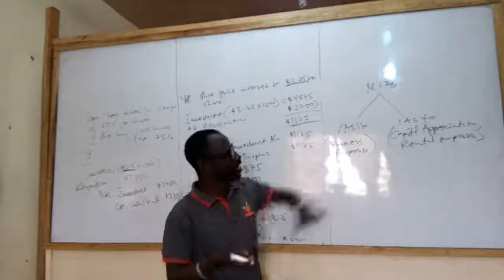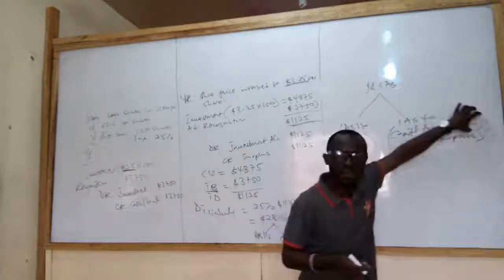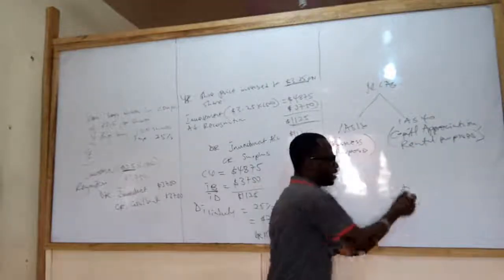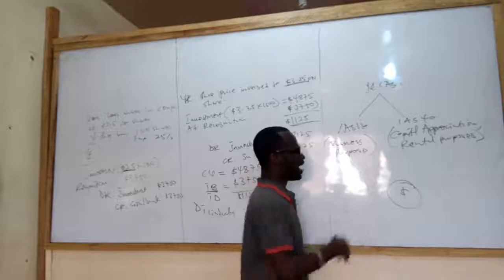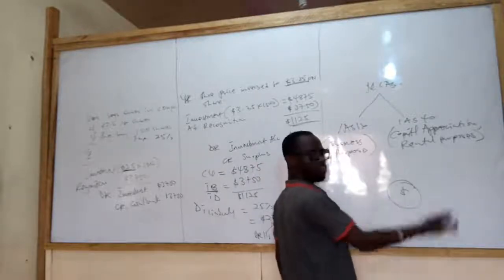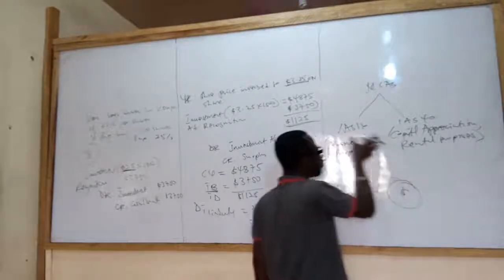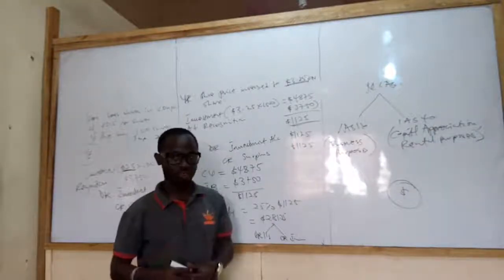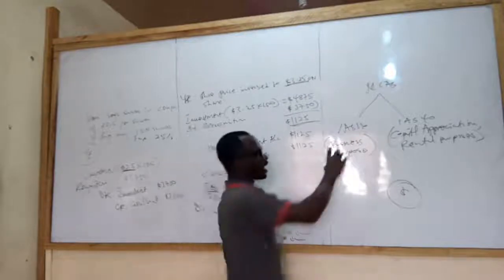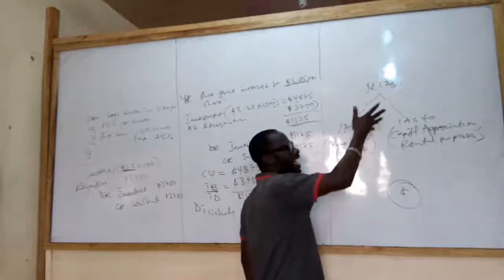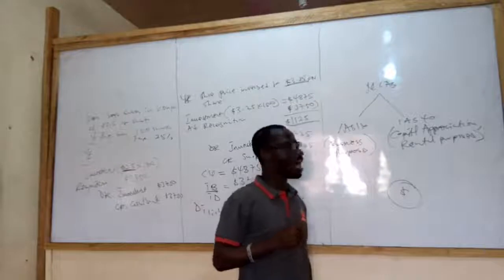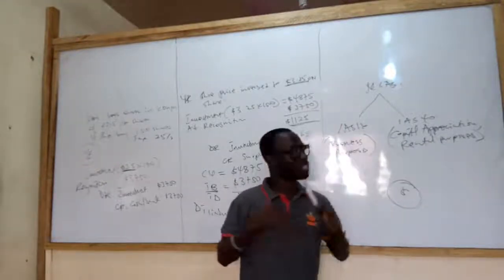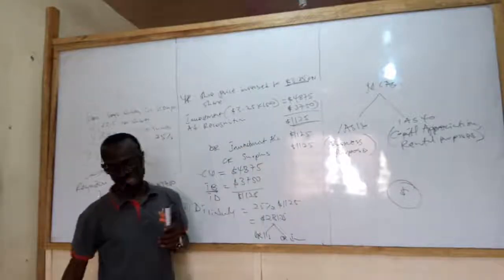In that case, like you buy a land today, the business buys land and they just have the land, they have not developed the land for anything. That land is not used for business purposes, so that land will be accounted for according to what? IAS 40. So if the objective is not for business purposes, then it will be accounted for according to IAS 40. So either capital appreciation or rental purposes, then it means that it is IAS 40.